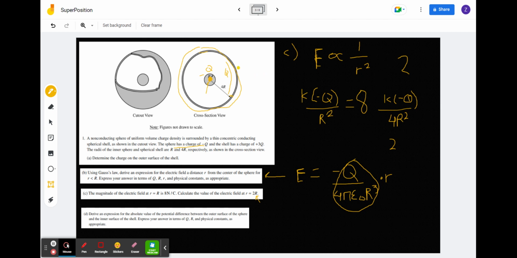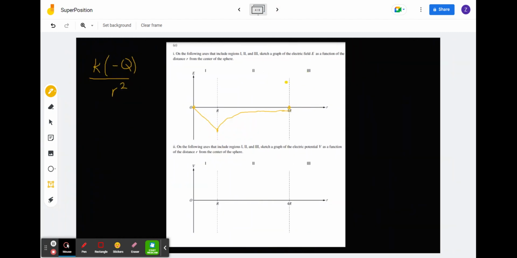So we'll have a discontinuity because our charge is now positive. It'll be somewhere up here, and then it'll start decreasing and approaching 0 as r increases.